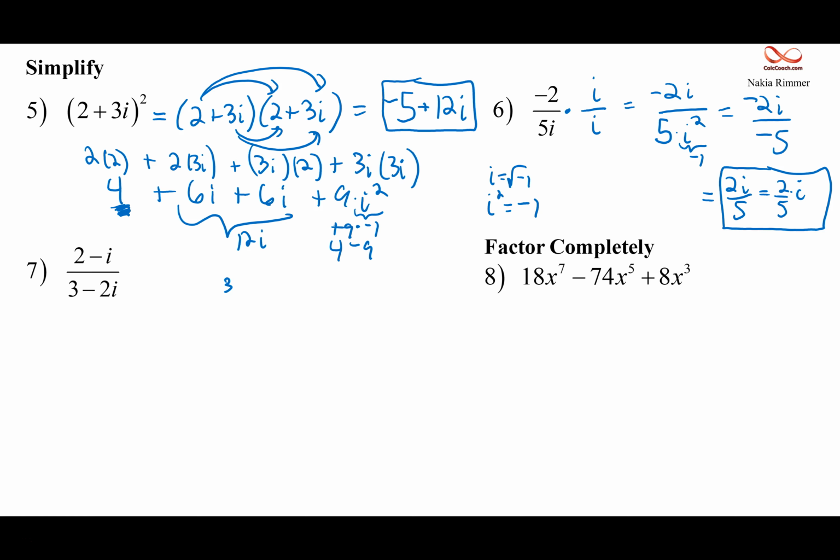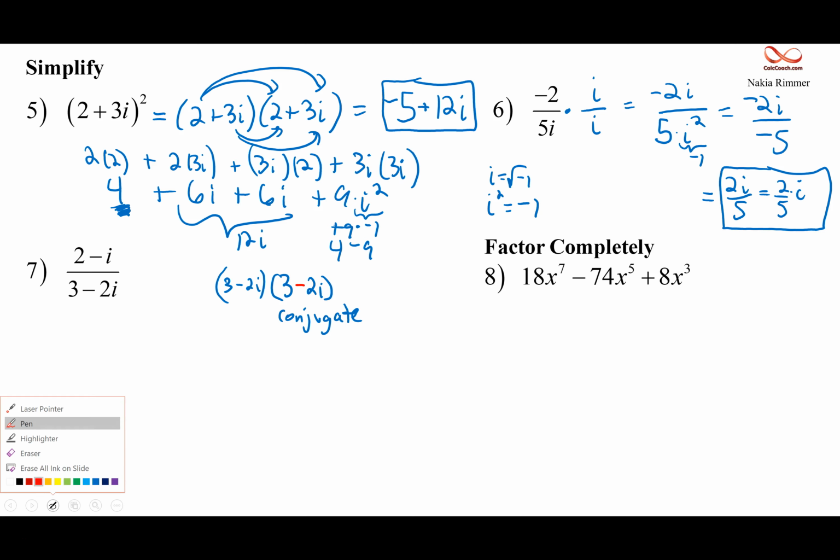If you have 3 minus 2i, the something that you multiply has a name when it's a number that has both the real and the imaginary part. It's called the conjugate. It's the same numbers on the left and right, but an opposite sign in between. Why? It's like having the difference of squares.